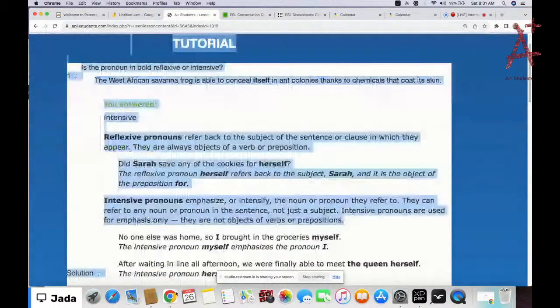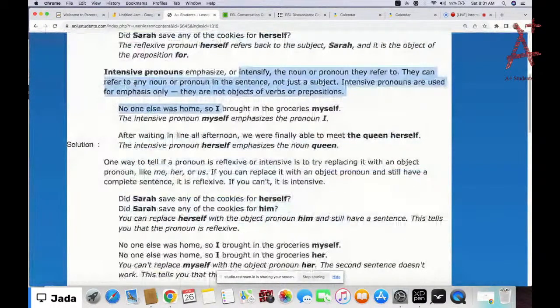Now, intensive pronouns. When you have intensive pronouns, they emphasize or intensify the noun or pronoun they refer to.